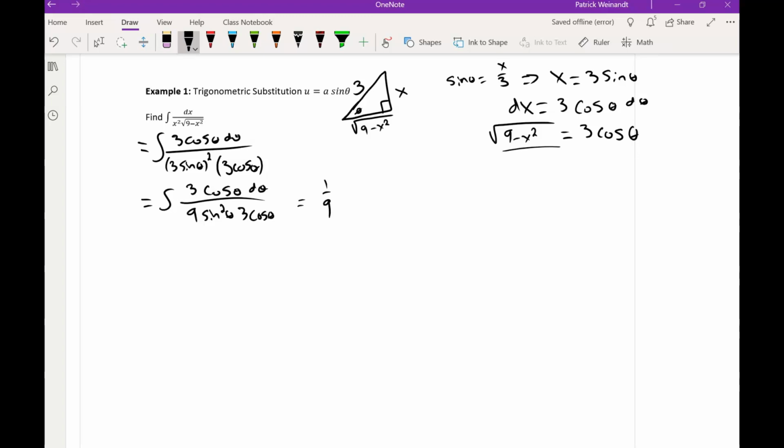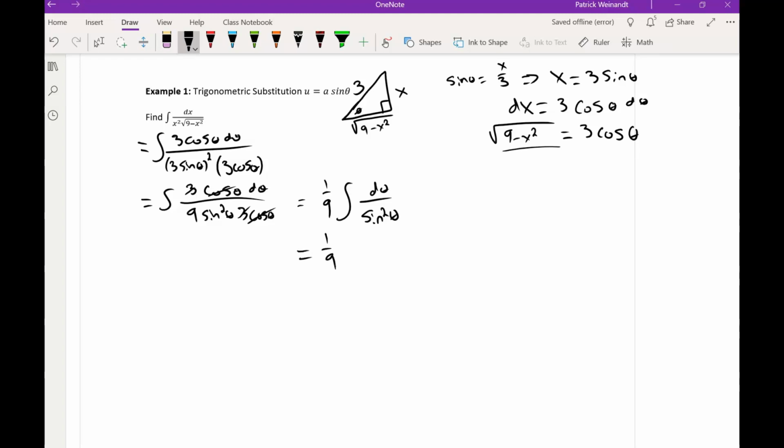This is the same as 1/9 times the integral of, well, what's also going to happen here is these cosine theta divided by cosine theta, that's going to reduce. I'm going to be left with just d theta in the numerator, and then I'm left with sine squared theta in the denominator. Okay, well, what do we do at this point? Well, we know that 1 over sine squared is the same as cosecant squared.